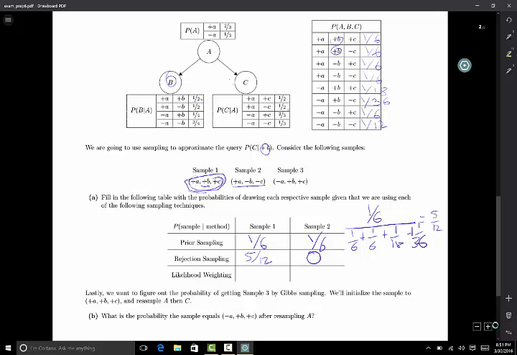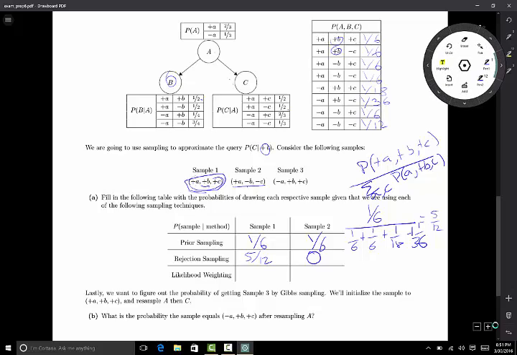So in recap here, we conditioned on the probability of B equals plus B. So this is the probability of plus A plus B plus C divided by the sum over all values of A and C of the probability of A, plus B, C.